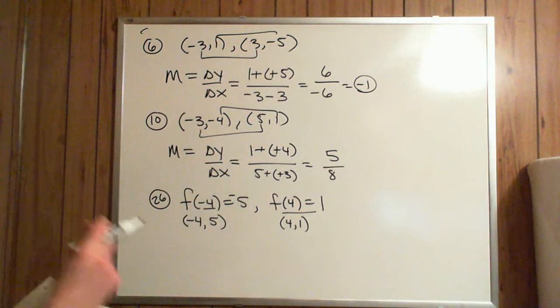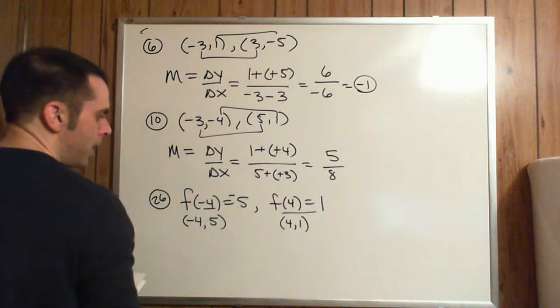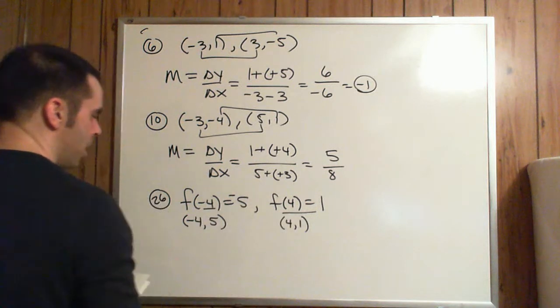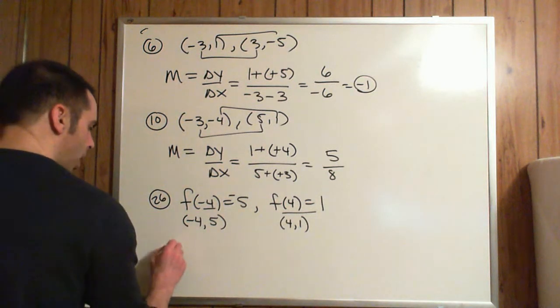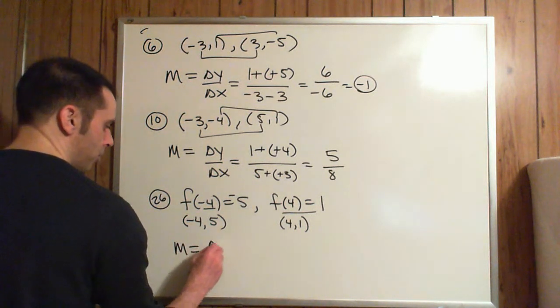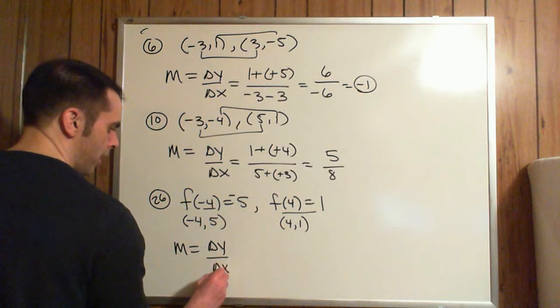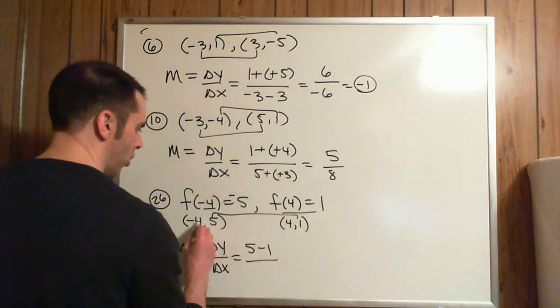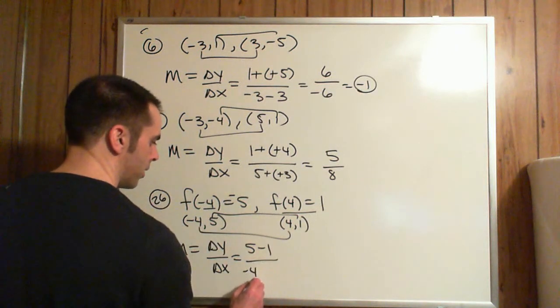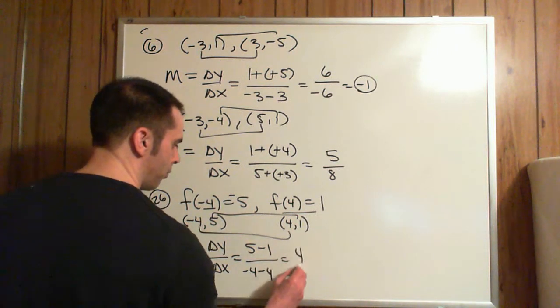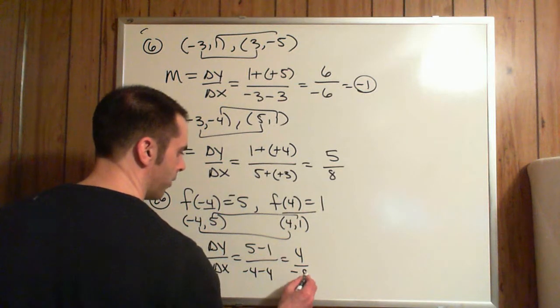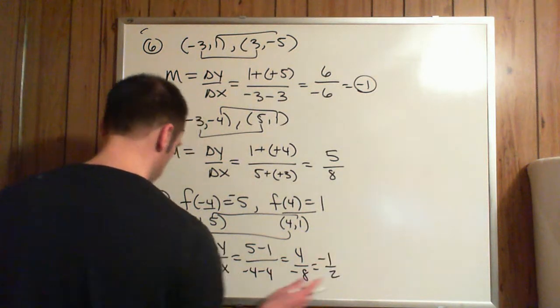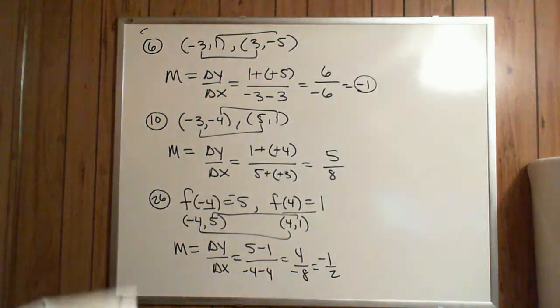So now we have this notation, function notation, as ordered pairs. So then now the slope of the line passing through these points, m equals the change in y over the change in x, which is 5 minus 1 over negative 4 minus 4, which is 4 over negative 8, which is negative 1/2.